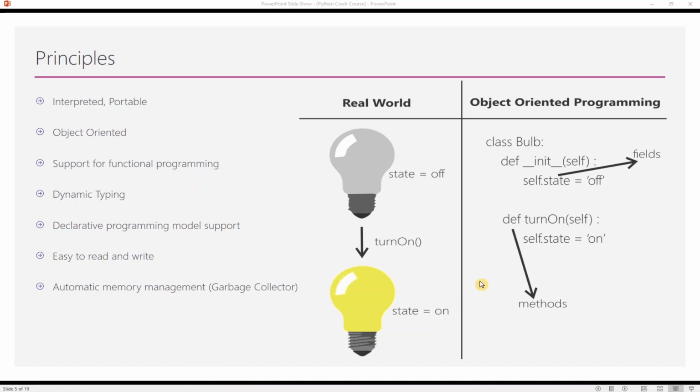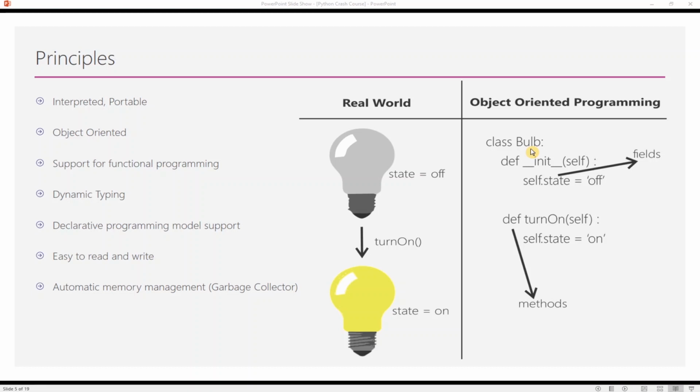In Python, we can create objects that encapsulate state represented by its fields and behavior represented by its methods. We define classes as a blueprint from which individual objects are created. So consider this bulb class as a factory that produces objects of type bulb. And each object created this way manages its own state independent of others.